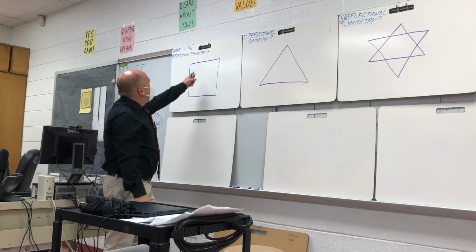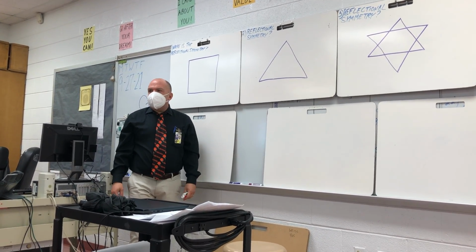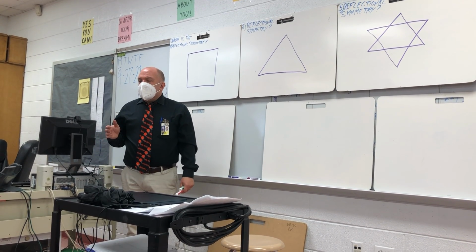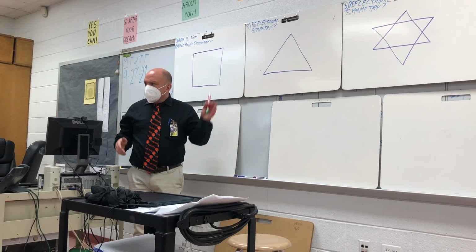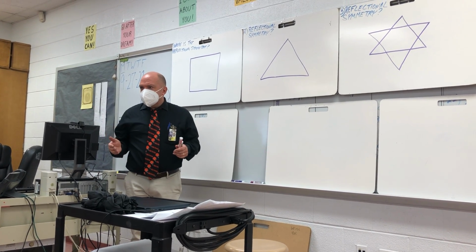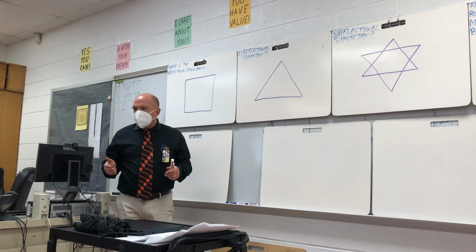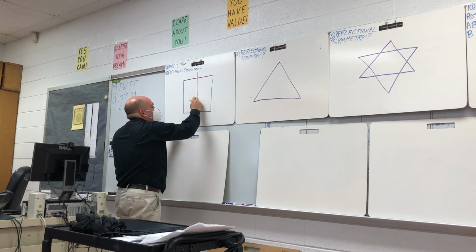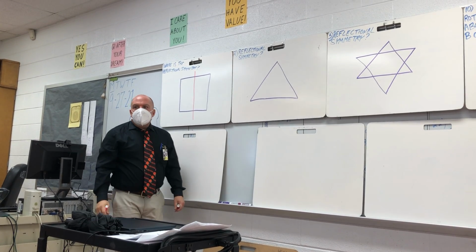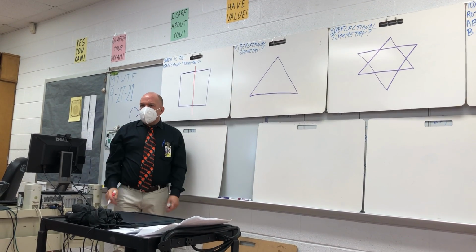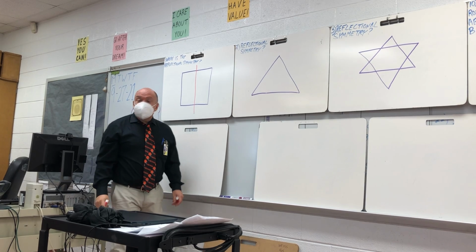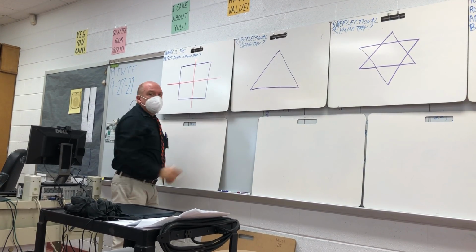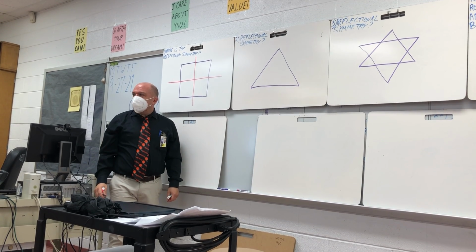Where do I have reflection symmetry in a square? Where could I put a mirror and have it look just like the square? In the middle, right? I could put a mirror right there, and that is symmetric on both sides. Could I also put a mirror here? There's also symmetry there, right?